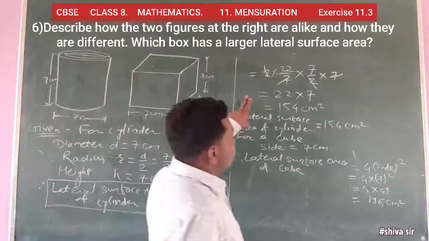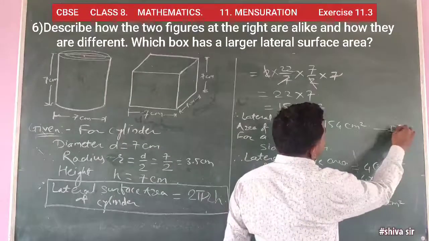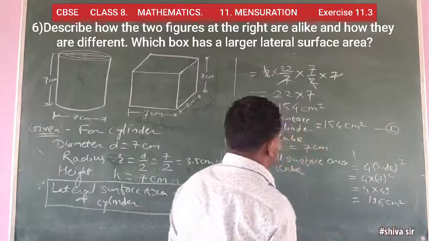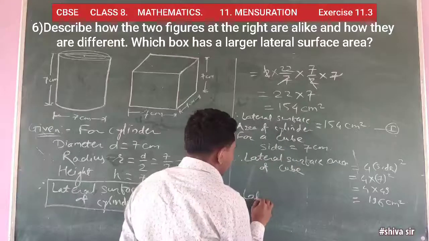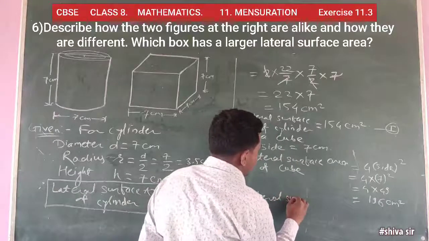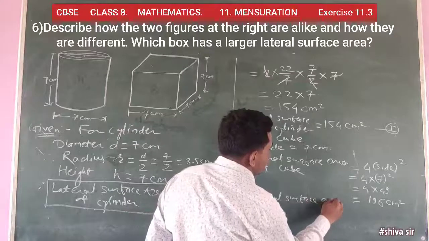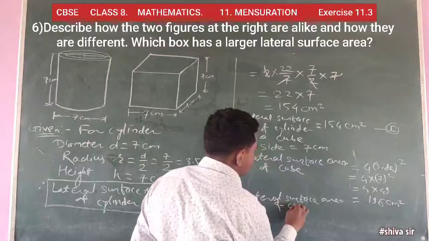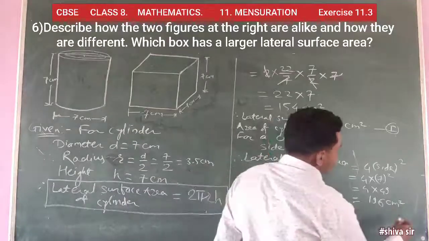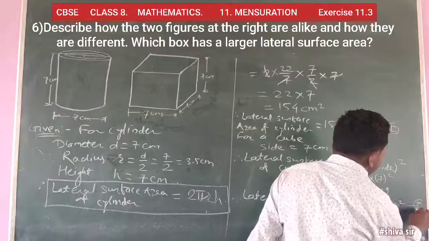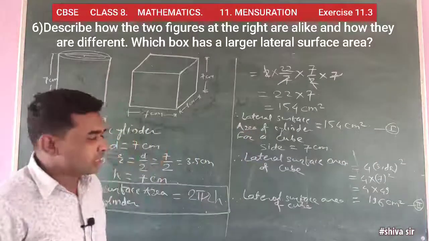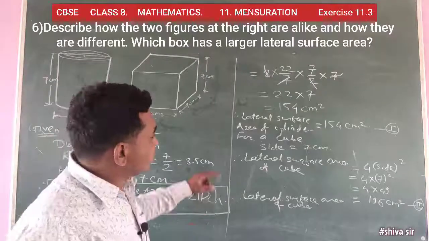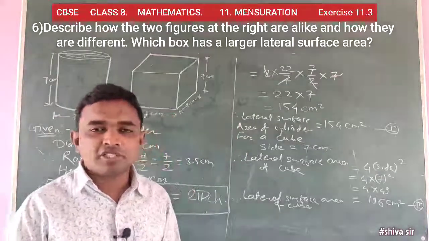So we calculated that the lateral surface area of the cylinder is 154 centimeter square and the lateral surface area of the cube is 196 centimeter square, given as equation number 2. Now we have to decide which lateral surface area is larger.